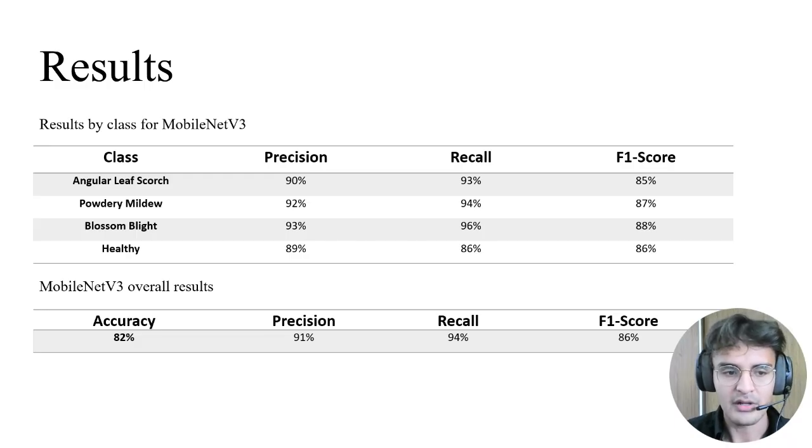For the healthy class, the precision was 89%, the recall was 86%, and the F1 score was 86%. This class was the lowest of all. For the MobileNet version 3 overall results, the accuracy was 82%, the precision 91%, the recall 94%, and the F1 score 86%.